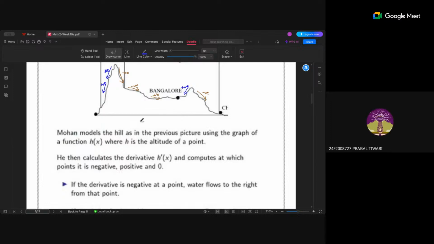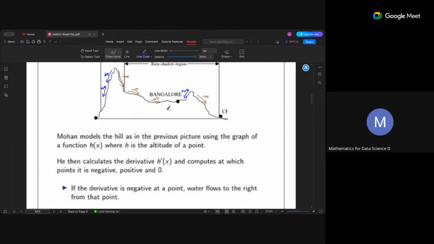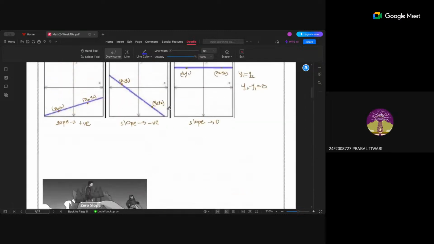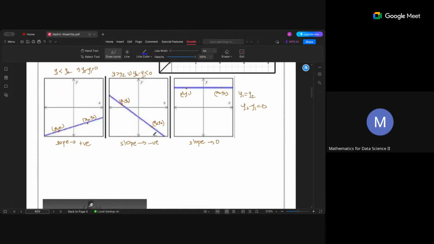How is this slope negative? You said negative slope, right? Look at this picture here. Any line like this, like this, like this, where your y1 value is greater than y2, in all those cases you are going to have negative slope, right?